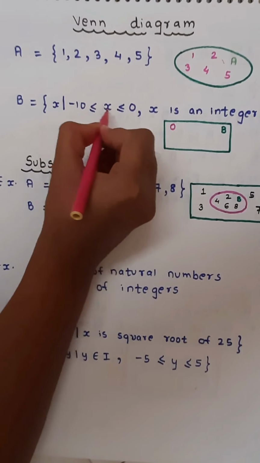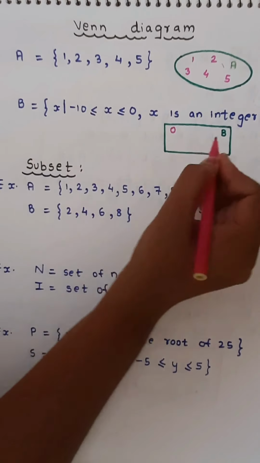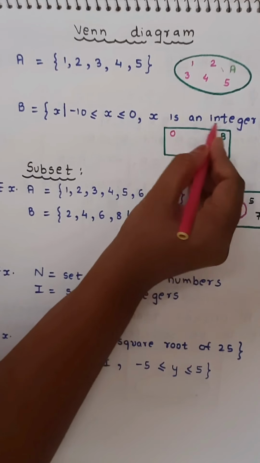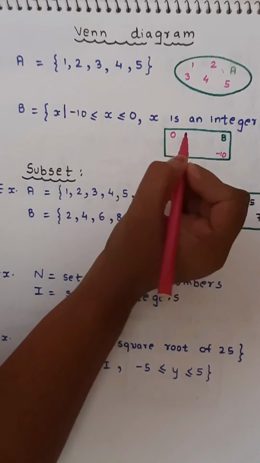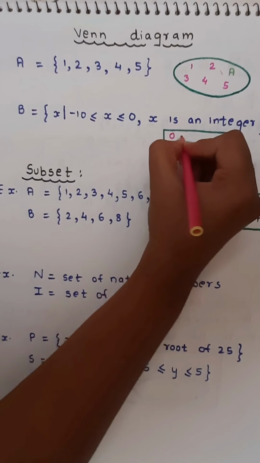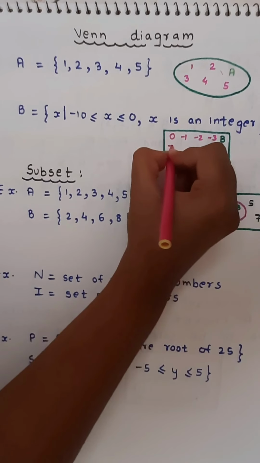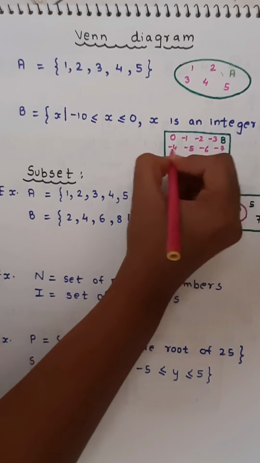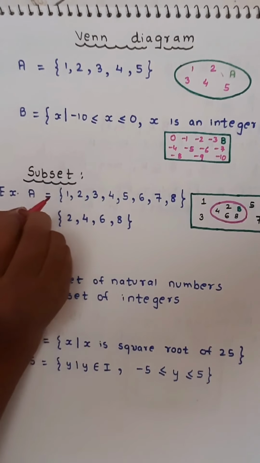Next, x is greater than or equal to minus 10, that means minus 10 is also included. Now which are those integers in between 0 and minus 10? It will be minus 1, minus 2, minus 3, minus 4, minus 5, minus 6, minus 7, minus 8, minus 9 and minus 10.